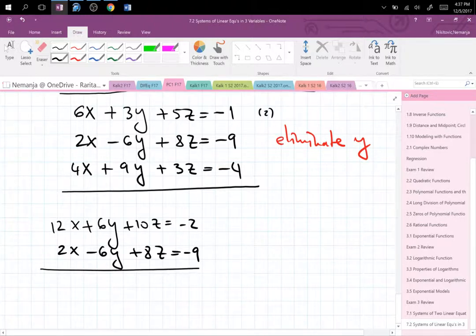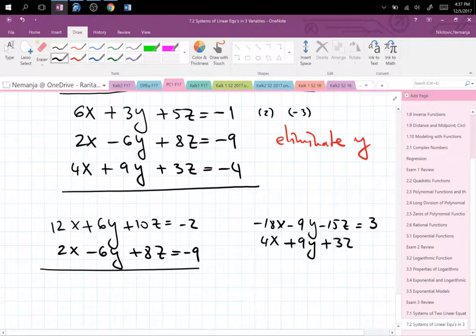And then I need to multiply the top equation by negative 3. So I have negative 18x minus 9y minus 15z is equal to 3, and 4x plus 9y plus 3z equals negative 4.